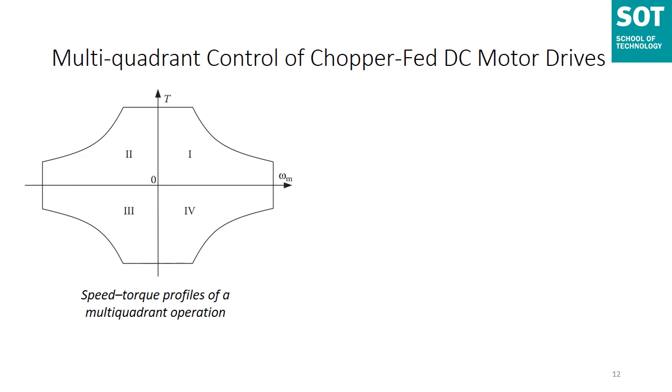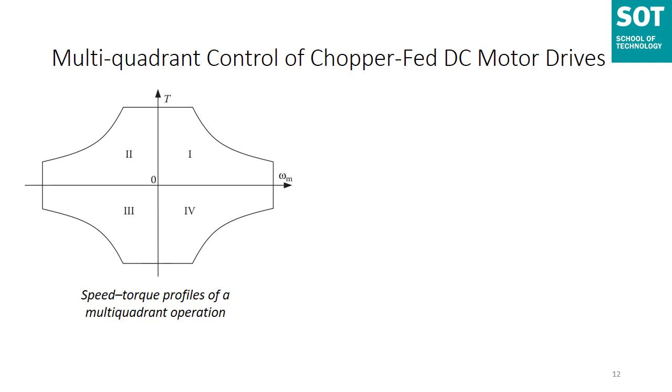Now in previous slide, you came to know that it was a single quadrant operation. Now let us look into the multi-quadrant operation. Multi-quadrant control of chopper-fed DC motor drives. See, the application of DC motors on electric vehicles and hybrid electric vehicles requires the motors to operate in multi-quadrant.